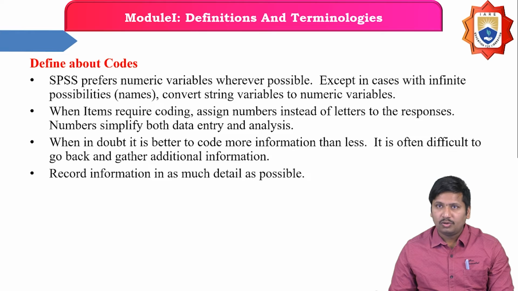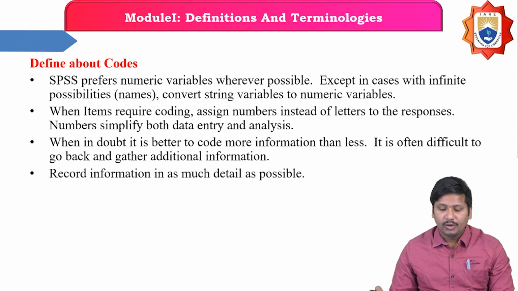Defining codes is another kind of question that may come. SPSS mainly prefers numeric variables wherever possible, except in cases with infinite possibilities like names, which can be converted to numerical variables.